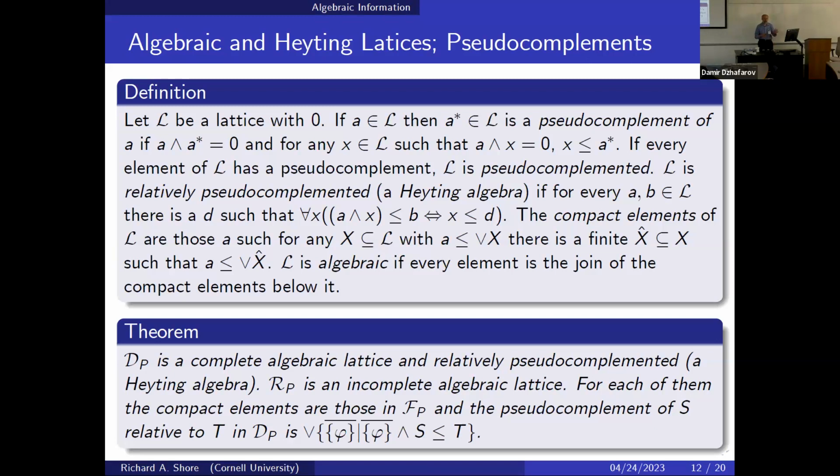So this says that the structure reflects intuitionistic logic in a certain interesting way. And that's a definition of the pseudo-complement in terms of closure and joining, and the ordering. Again, you check that it works.